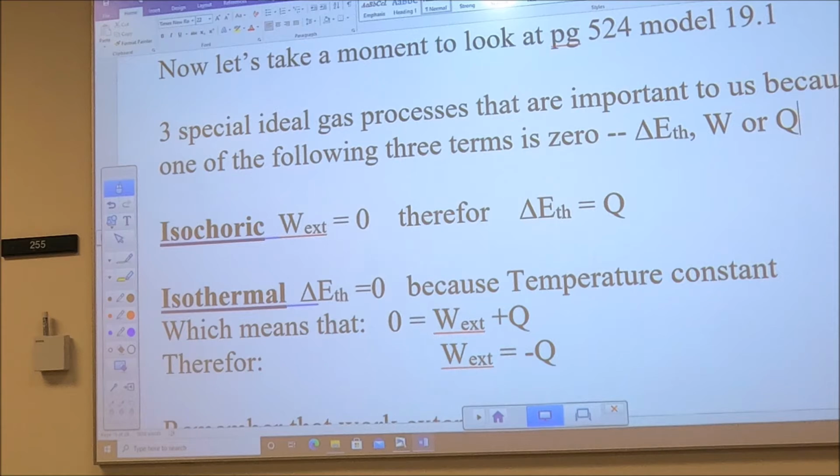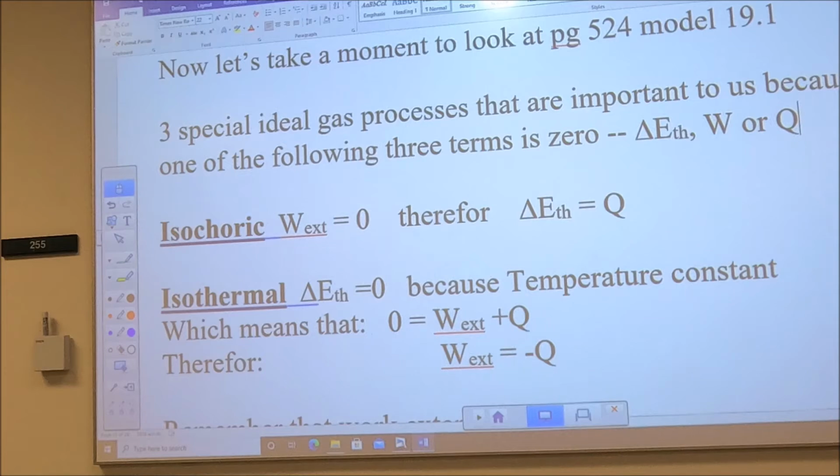In an isothermal process, change in temperature is 0, which means that the change in thermal energy is 0.